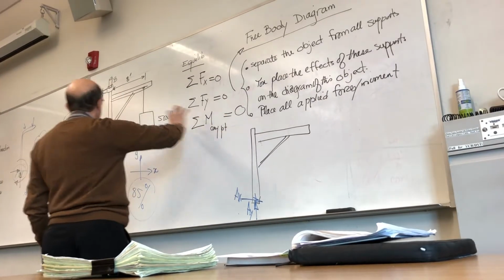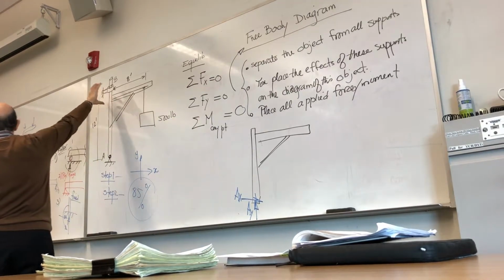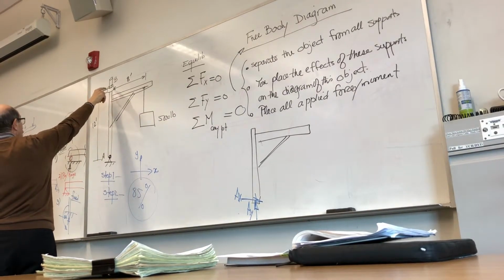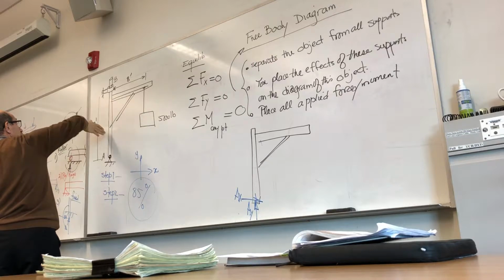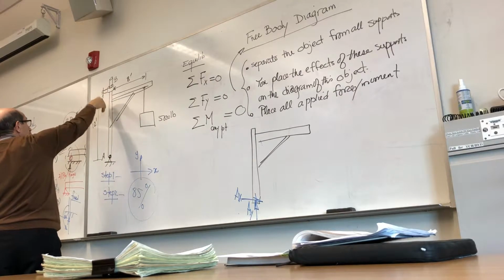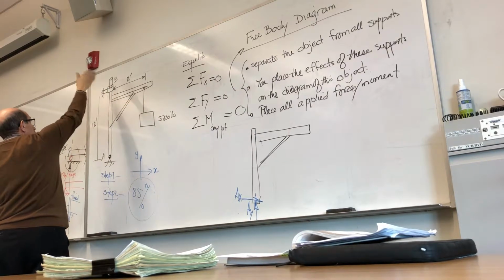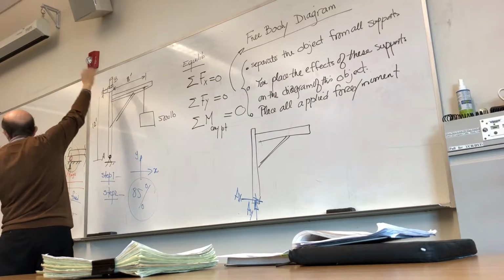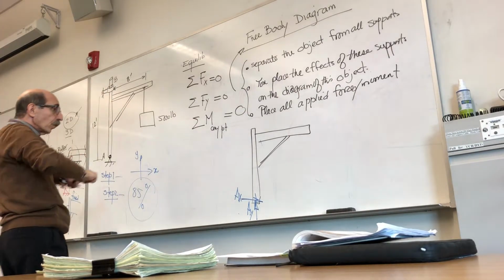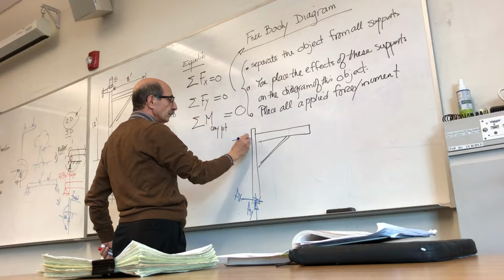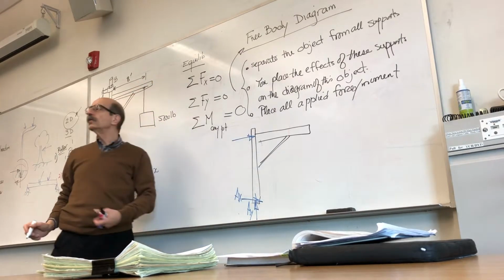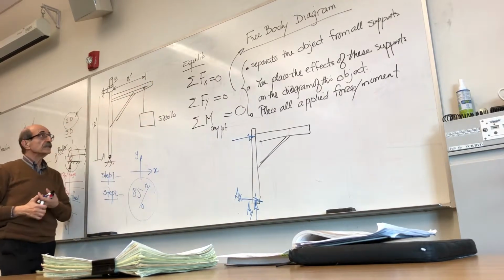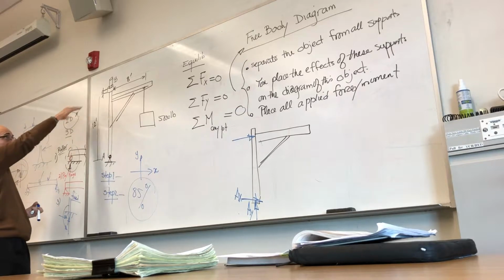How about here? I said at this point, rotation is allowed, and this is kind of like a sleeve, so this beam can move along this tube. So that is a roller, which means only the motion in this direction is prevented.